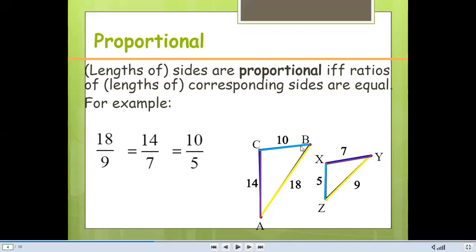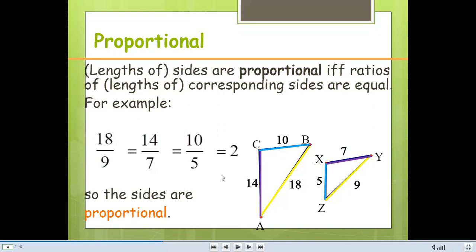The third is BC over XZ, then it will be 10 over 5. By the end, all the ratios equal 2, which means they are proportional.